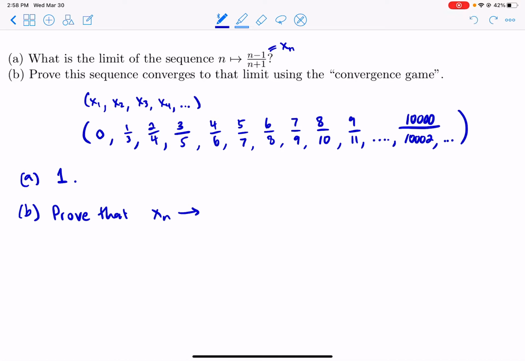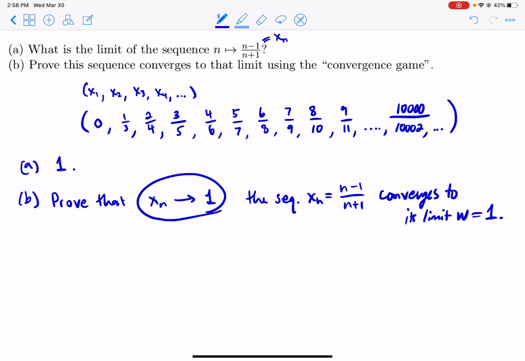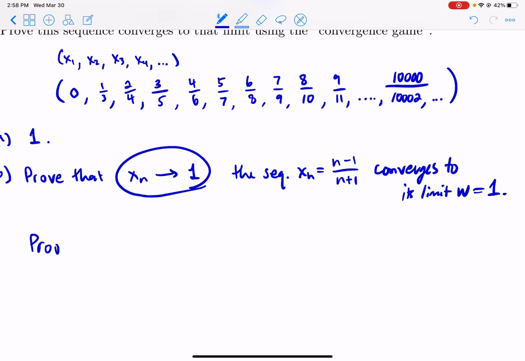In symbols we would write this, but in words, the sequence x sub n equals n minus 1 over n plus 1 converges to its limit. In the previous video we may have called this w, but in this video it's just the number 1. Okay, so proof.